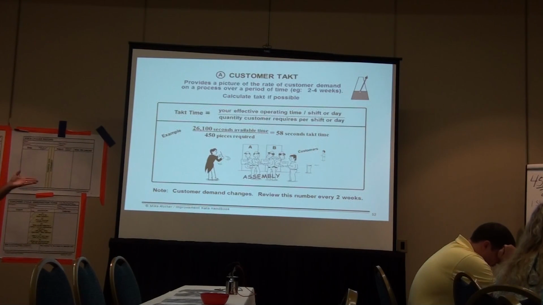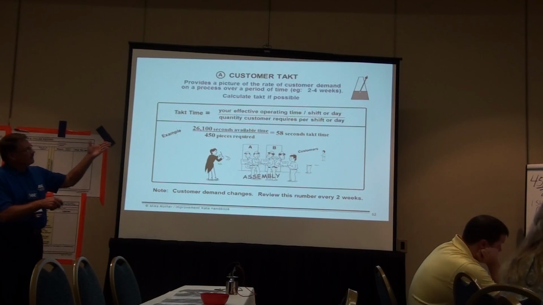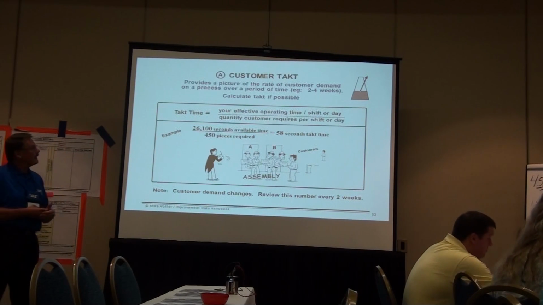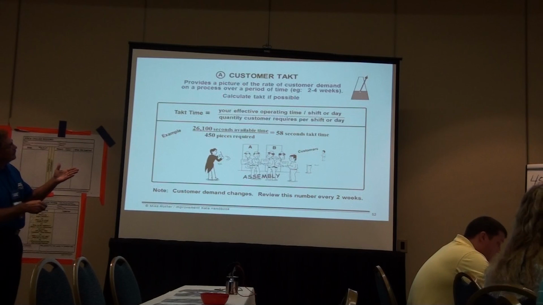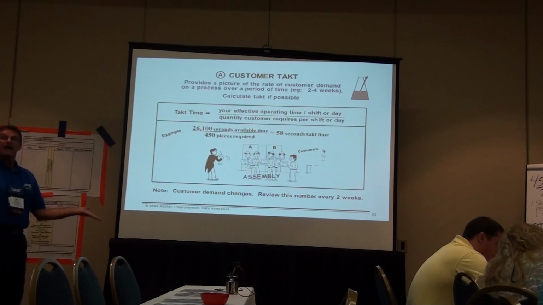The formula is simply how much time we have available through our work time to operate. Take out breaks and lunches and other things. And then during that period of time, whether it's on a shift or a daily basis, how many units we get from it. So this gives us a picture of the rate of the customer demand against which we then need to build our process.